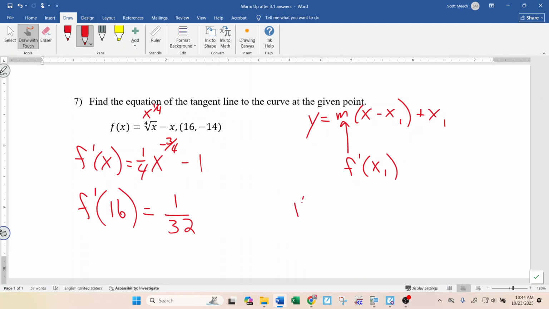So our equation is y equals 1/32 times (x minus 16) plus 2. This should be a y there. The goal at this point is you do not have to do the limit of f of x plus h, you don't have to do all that stuff. Like I said, that will eventually be on the midterm and the final again, but for right now, we're using our rules of derivatives to find the derivative.